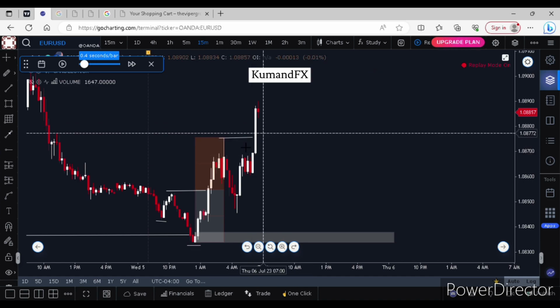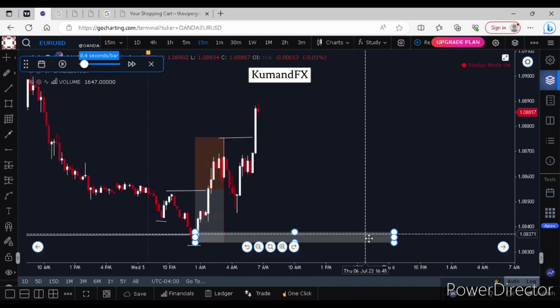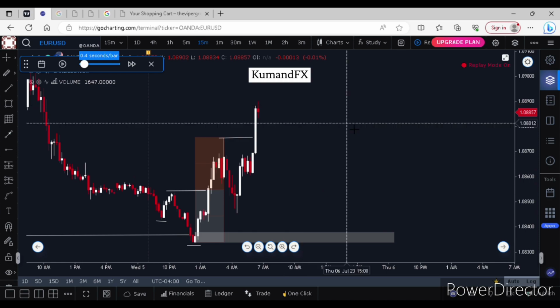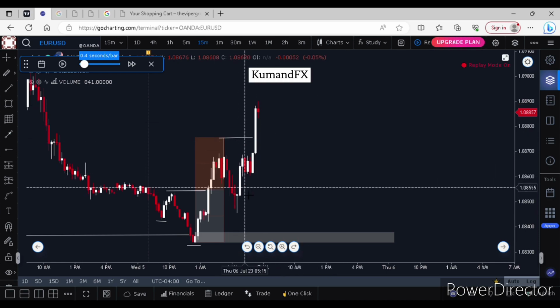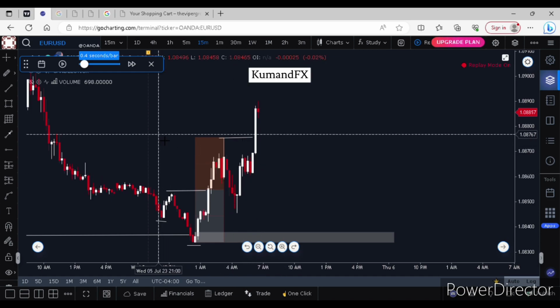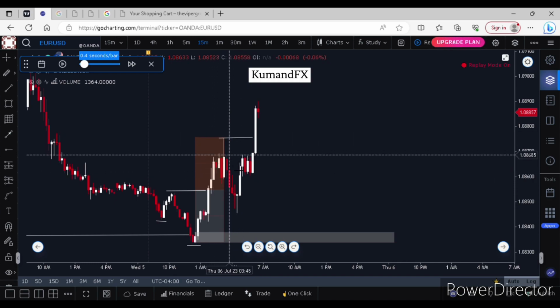Looking at the fact that structure has been broken once again, we now expect to see what price does next. It puts in a low, and that low is sitting within the discount of that price range.